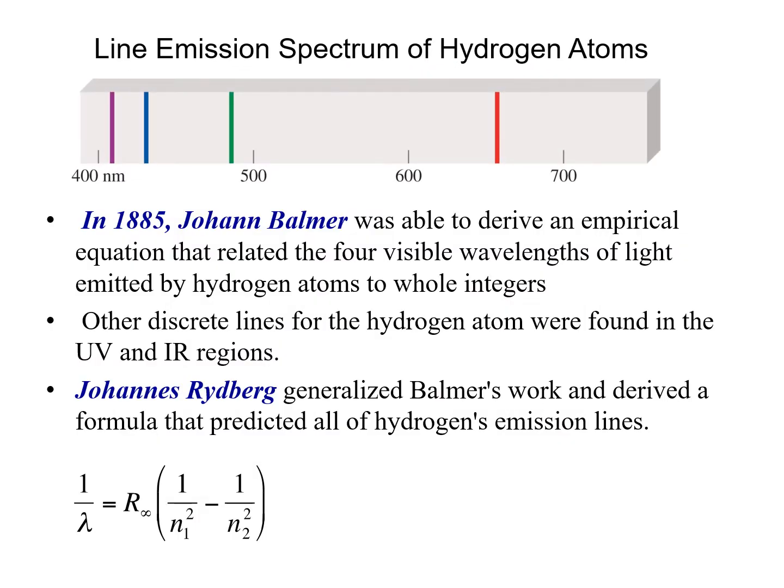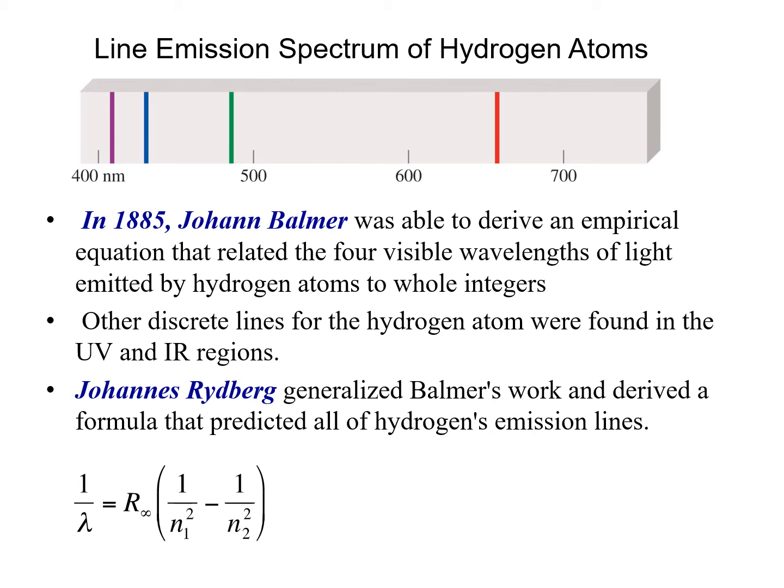Scientists chose to work on the hydrogen atom, it being the simplest atom to work with. It only has one electron. It has a fairly clear-cut line spectra ranging, as you see here, from 4 lines starting a little over 400 nanometers and extending to a bit over 650 nanometers.